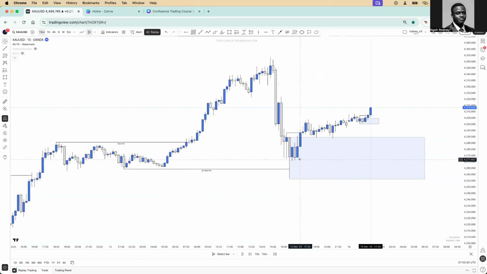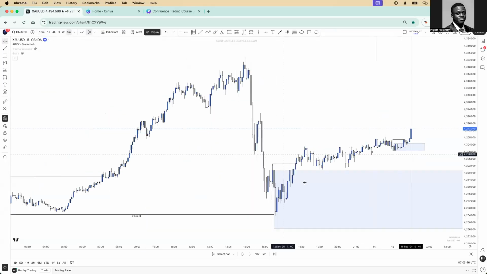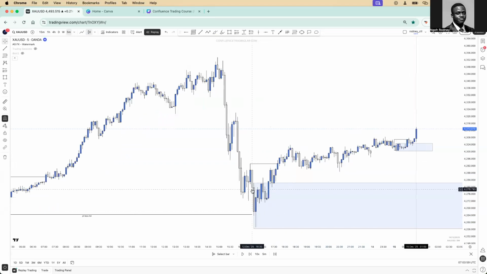Now again, inside a 15-minute order block, you can have a 5-minute order block. This is where the idea of optimization comes in: you can start to optimize slowly. You see that we're bigger, we're like this, right? You can bring it lower like this. Why? Because this is now the last M5 sell candle before the move that broke structure.